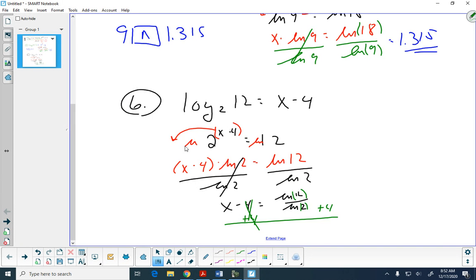That would cancel these out, and then whatever that answer is, we can add 4 to it. When you divide them, you get 3.585, and then we can add 4 to it. 7.585.